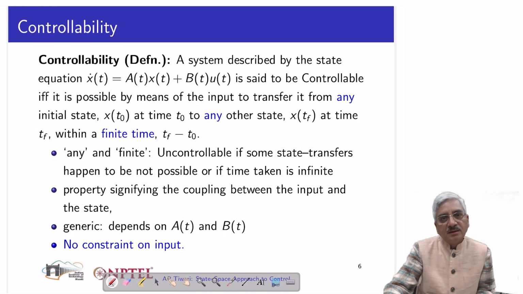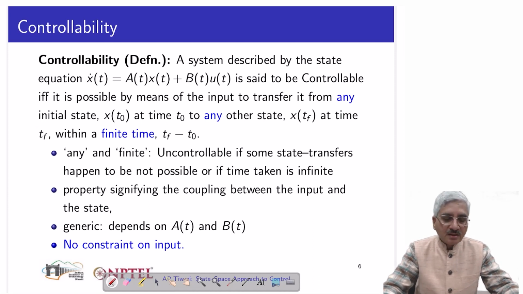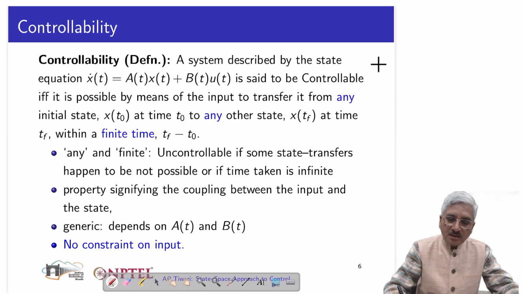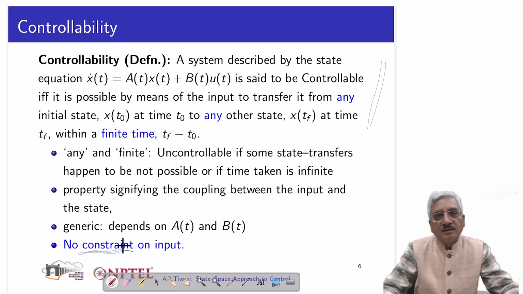The other thing is that the input is the means to achieve the transfer. But even though we realize that in physical systems there are constraints on the input, in this definition the input is totally unconstrained.